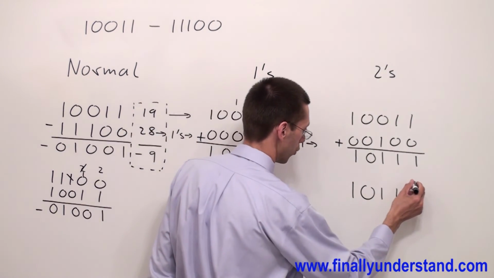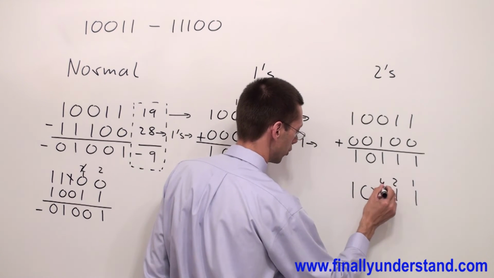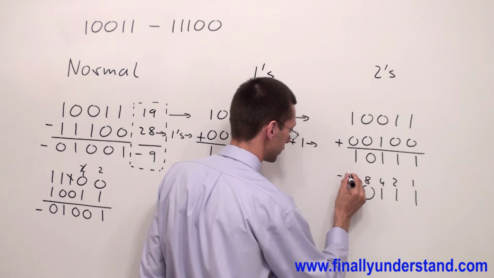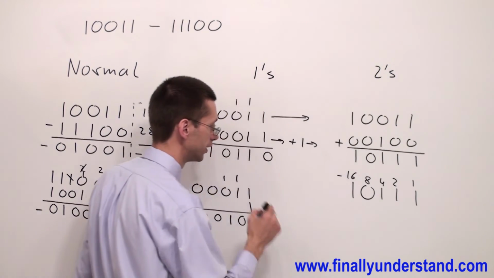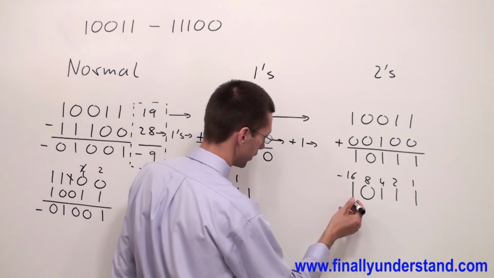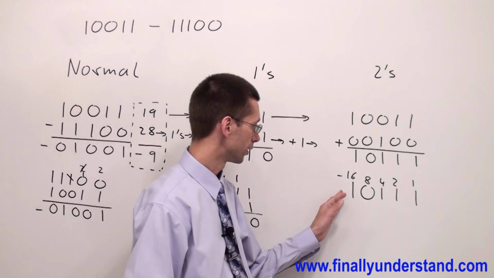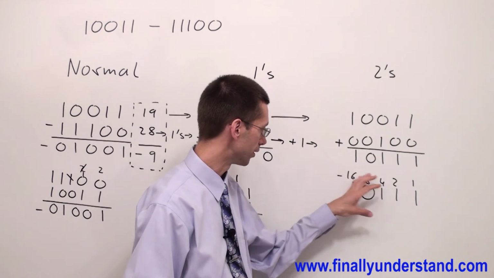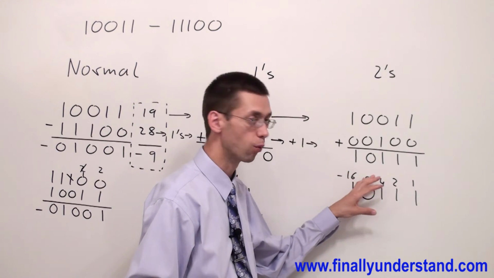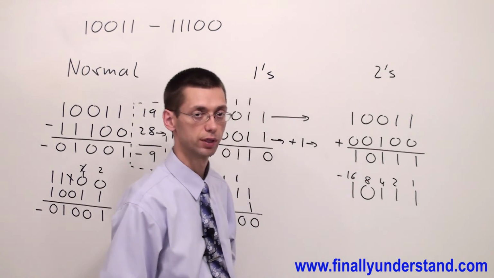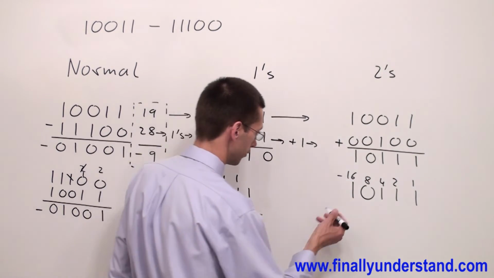So I have 1, 2, 4, 8, and negative 16. If you want to find the decimal value of it, simply add the weights of the bits which are 1's, and we're supposed to get the decimal value of this number.